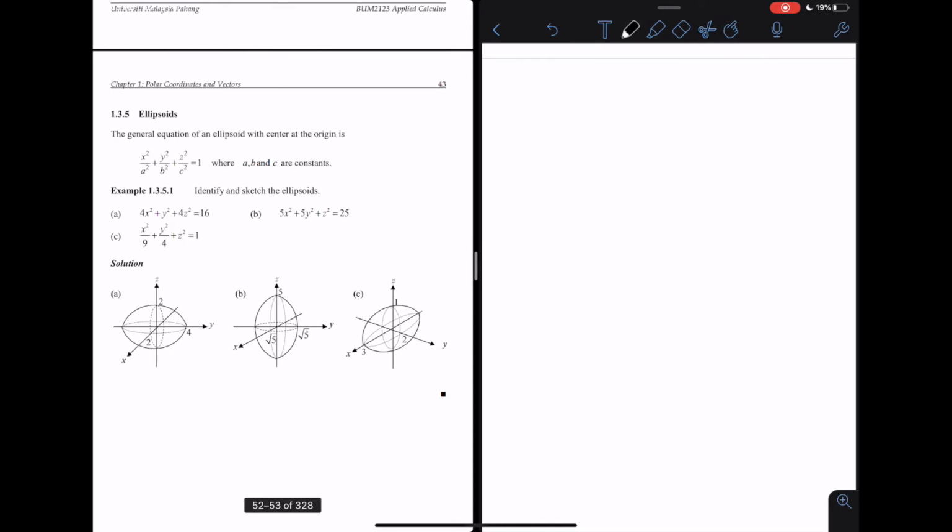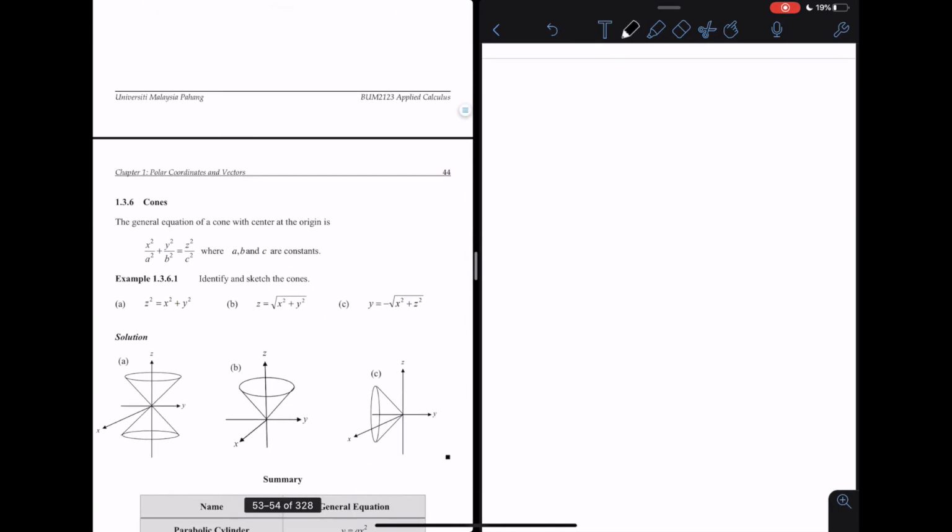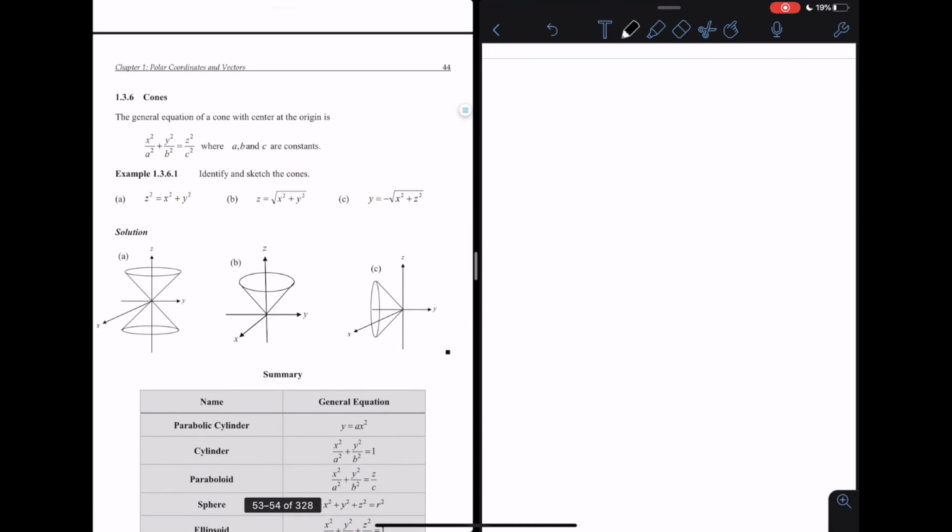I believe I have come to the end of topic 1.3, and right now we will learn how to sketch a cone. When you try to solve problems related to topic 1.3, as mentioned earlier, you don't have to go through all the steps.